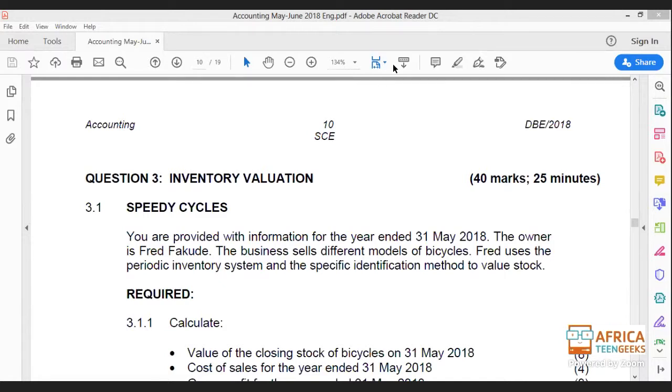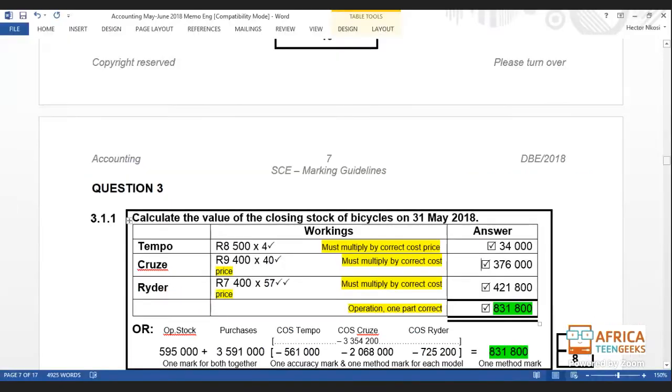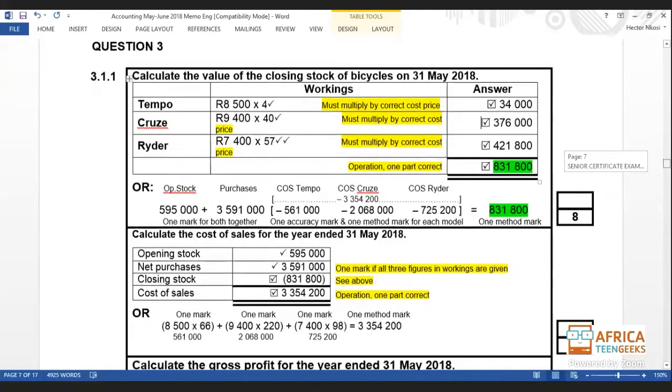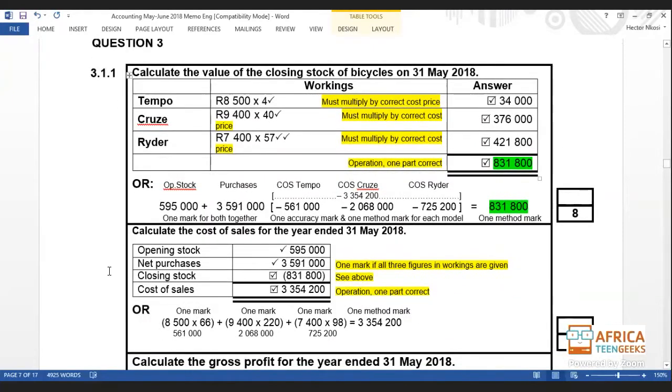So now if we go back to our workings and see how we can calculate cost of sales, it is your opening stock plus net purchases. In this case, we don't have any carriages or transport cost or shipping costs.